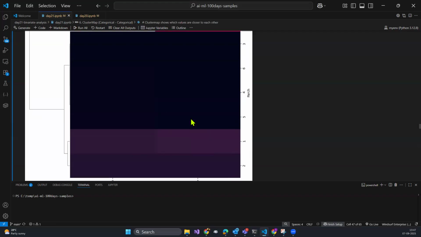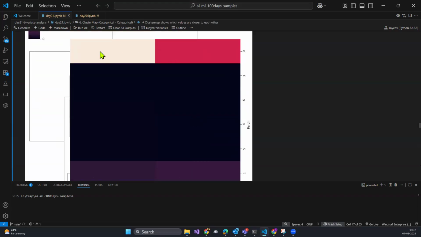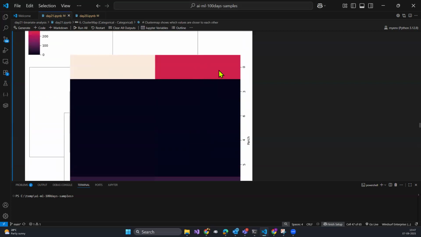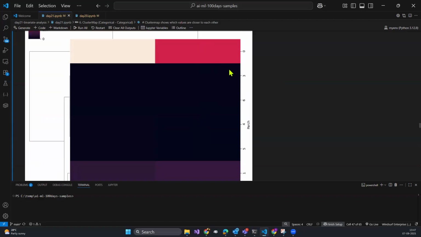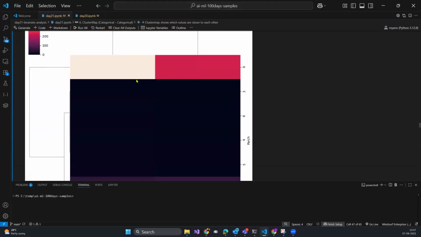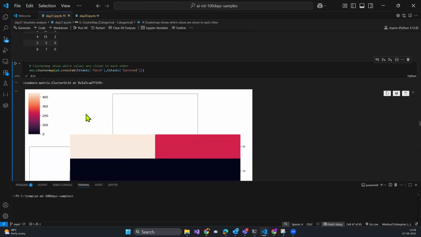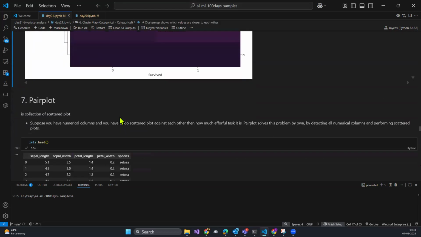Even survived and not survived in parch 1. And here you see more difference in parch 0, survived and not survived; the differences are much more. This is how you can read this cluster map.